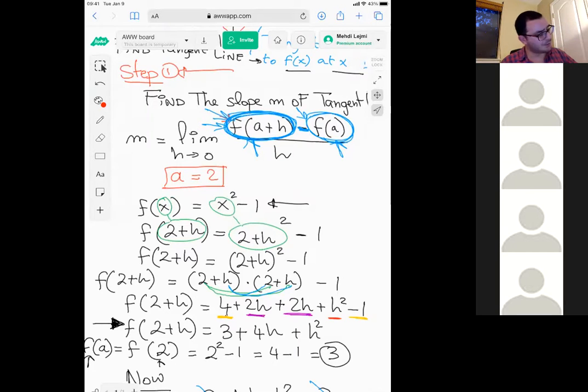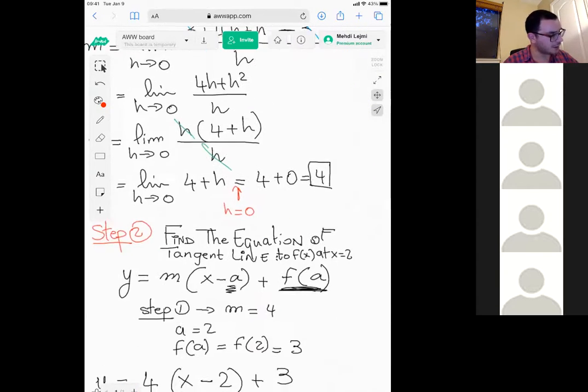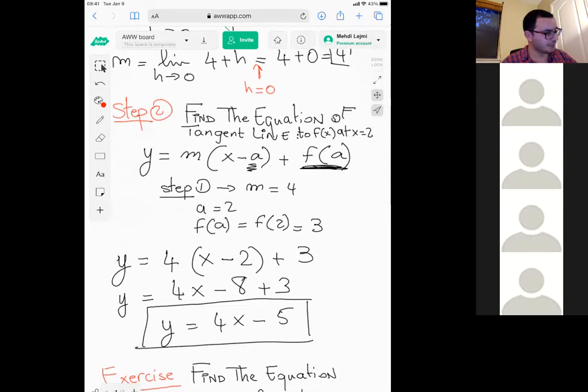We need to compute this limit of f of a plus h, etc. Then step number two, we are almost done. You have the general formula of the tangent line here, and all you have to do is plug in numbers, and you're going to get the equation of the tangent line.